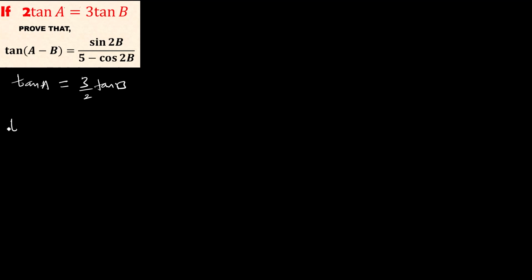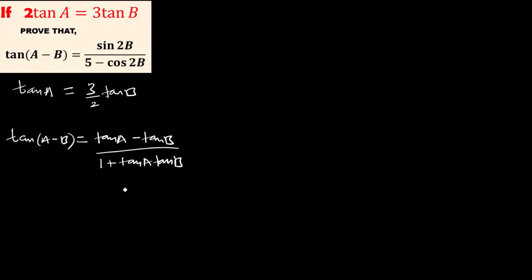So given tan(A − B) is the same as (tan A − tan B) on (1 + tan A tan B). Okay, but what is tan A? Tan A is 3/2 tan B, so we can do substitution here.